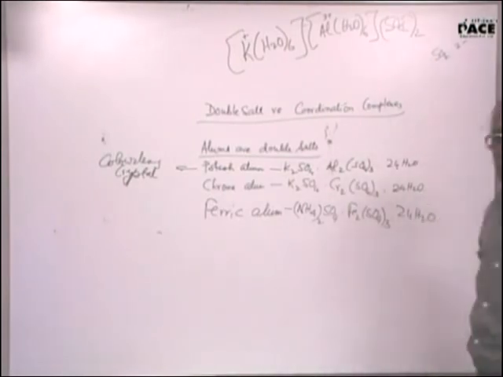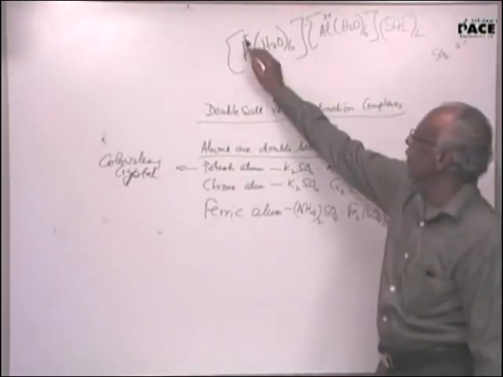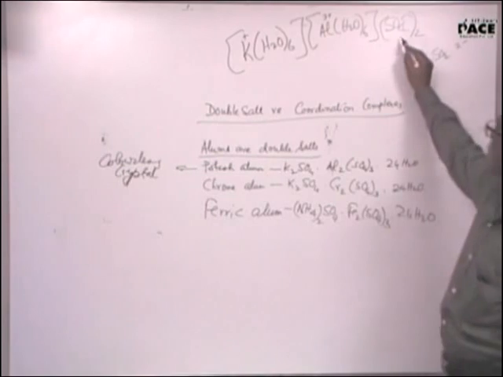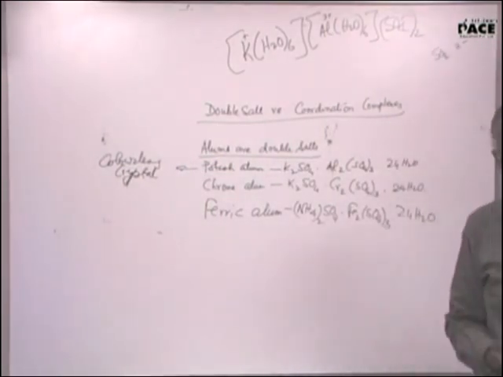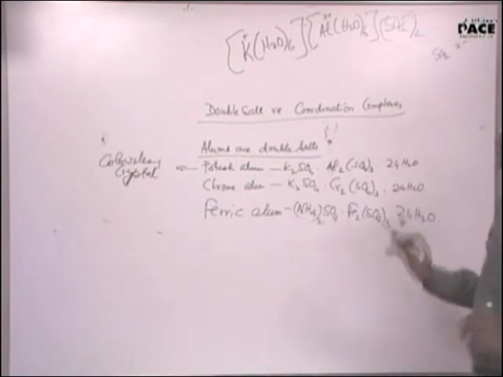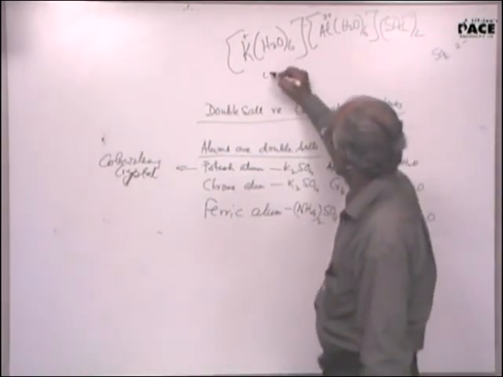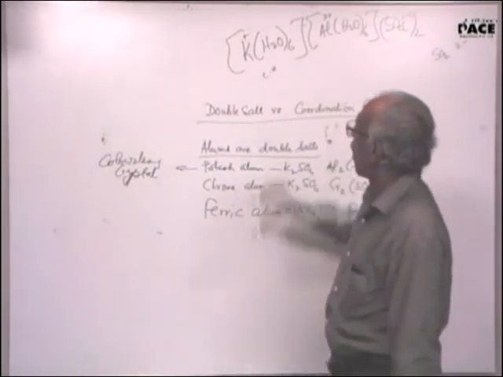So 3 plus 1, 4 plus. So there are 2 sulfate. Have you understood? What is the coordination number of potassium ion?